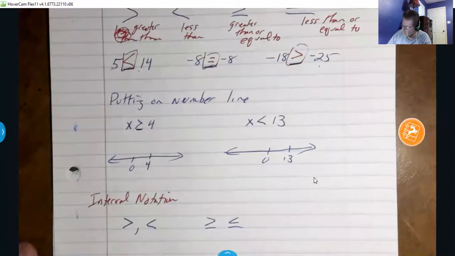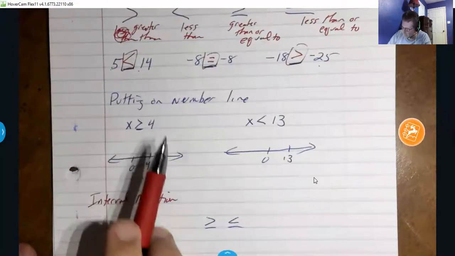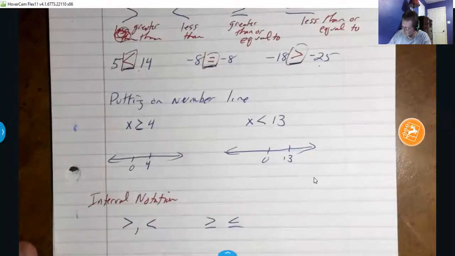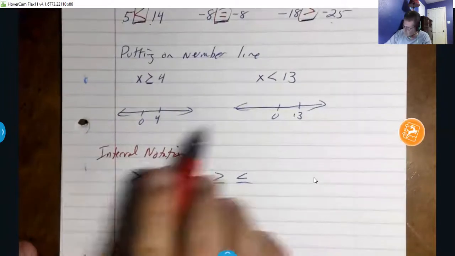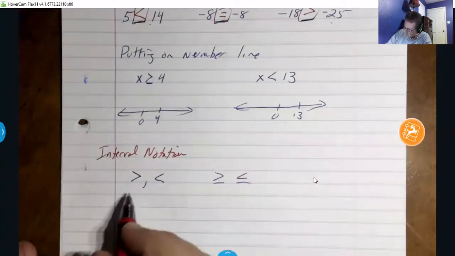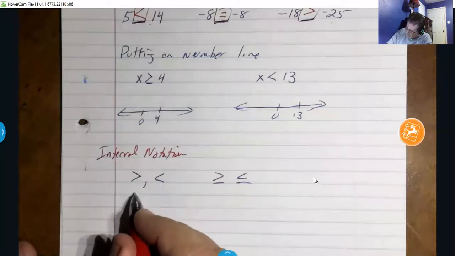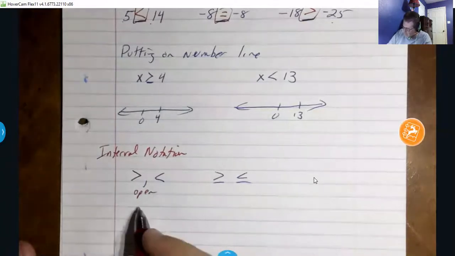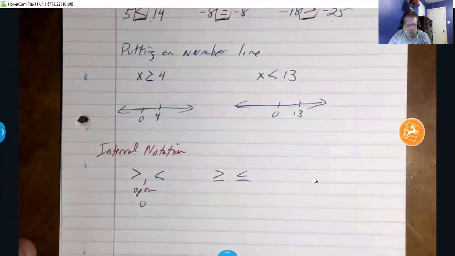All right, now one of the things I do need to make sure you understand is the following. All right, how do I put this on a number line? How do I put numbers x that are greater than or equal to 4? Okay, so the way we deal with these, if you remember back in the day where you did number lines, for greater than or less than symbols, these are what's known as being open, and you would use an open circle to show that point, right?